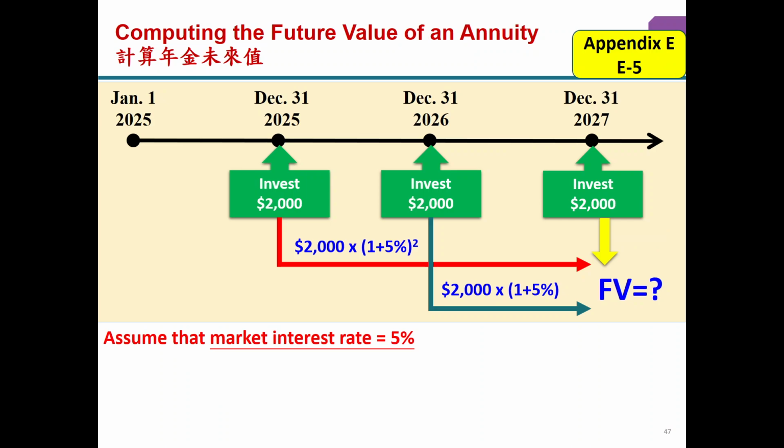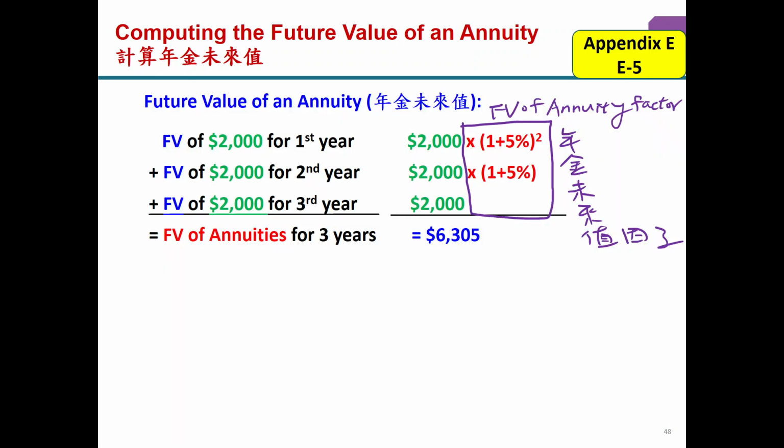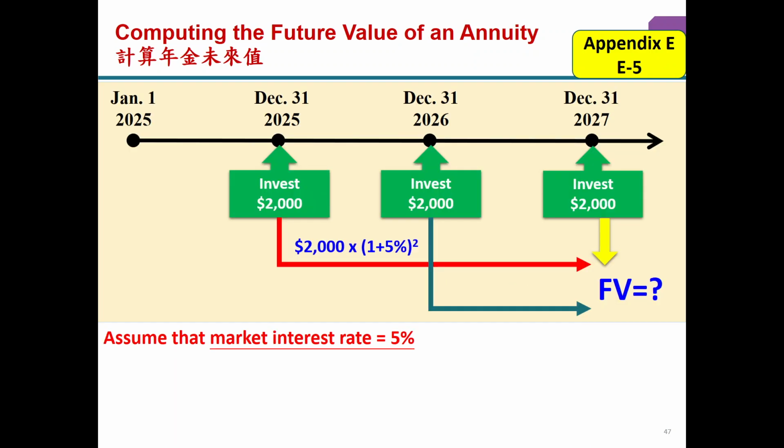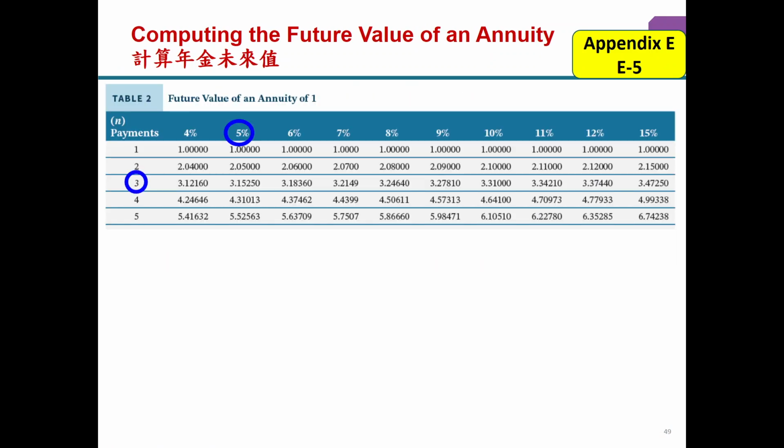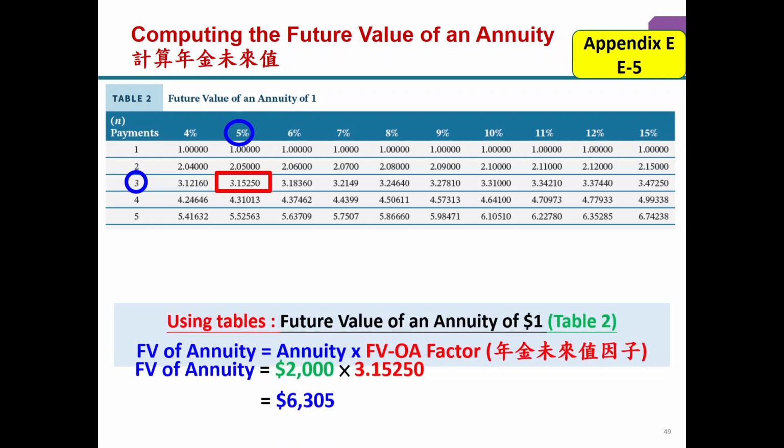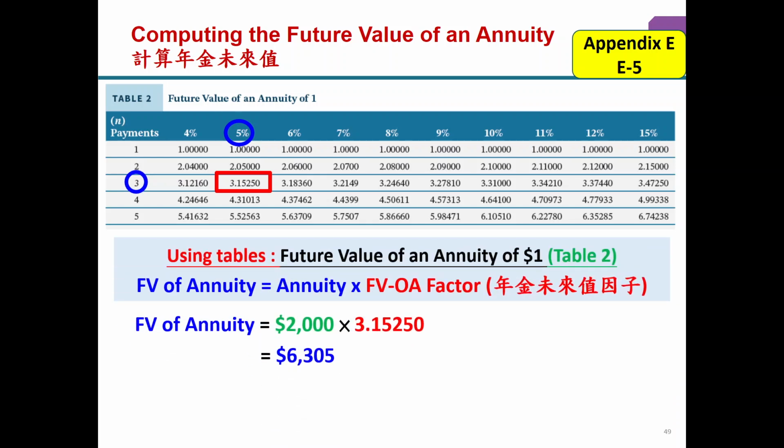So when I look at the table, I can note what's the number. What's N? 3. What's I? 5%. I know the annuity's future value factor. 年金未来值因子 is right here, okay? So I can get the number and find out the future value of annuity.